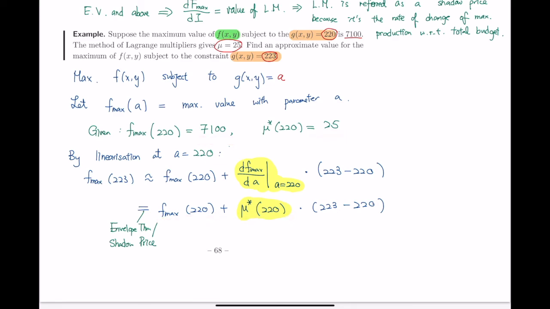So we can just plug that in. Using what we're given, this is 7,100 plus 25 times 3, so it's 7175. So this is the approximated value for the new maximum of my optimization problem when the parameter now becomes 223. Okay?